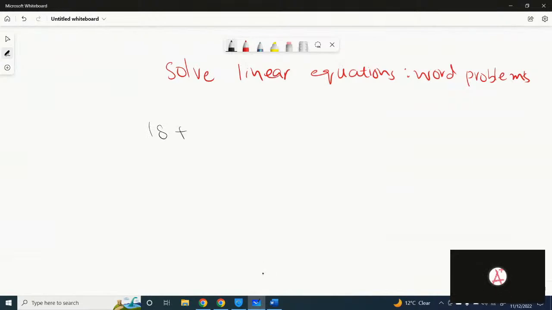So it would be $18, then V times 1, and that equals $40. Got it? Because he visited just one, so it would be V times 1. You have to find the value of V. Just solve the equation. It would be 18 plus V equals 40. Move the 18 to the other side, it would be 40 minus 18. Got it?